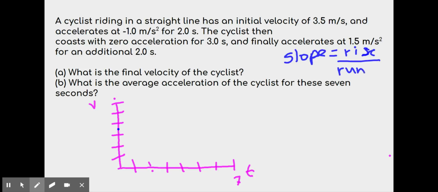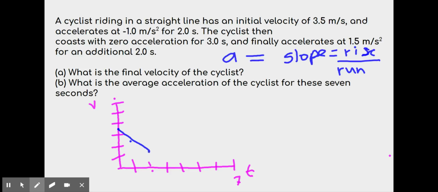So we are going to be accelerating in the negative direction for 2 seconds: 1 goes here, 2 would go here. Let's connect that. That's what our first part would look like.